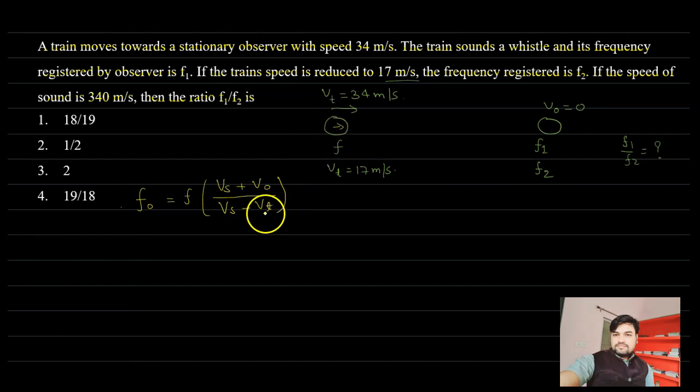Source is the train, which is Vt. So this is the formula we can use to find the frequency observed by the observer. We can substitute the values in this formula.